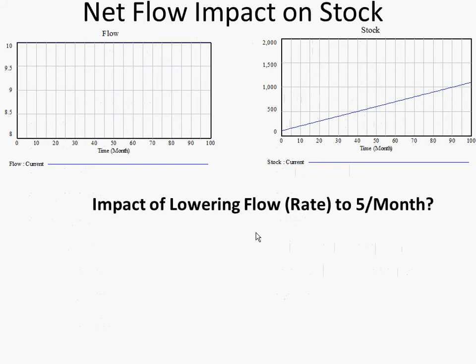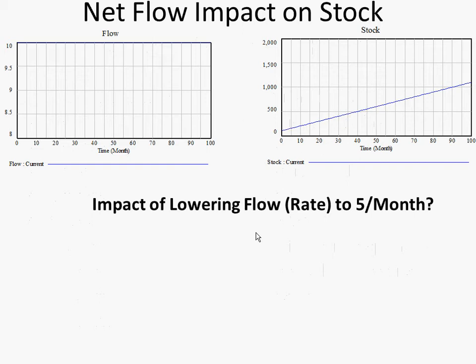Okay, so let's talk about the net impact of a flow on a stock. Suppose here that we have a flow whose value is consistently 10, maybe it's people per month, right? 10 people per month presenting with diabetes.